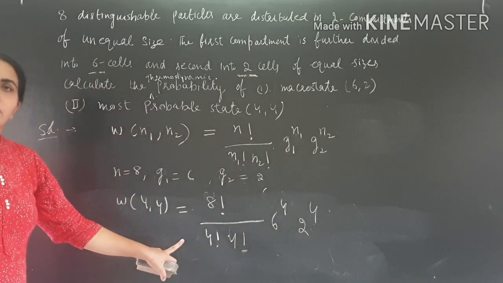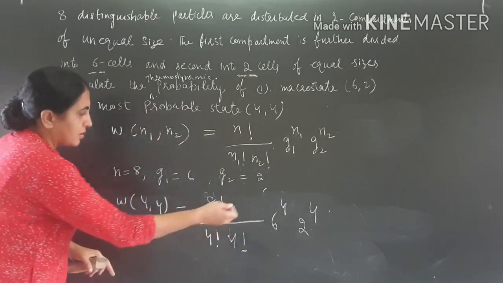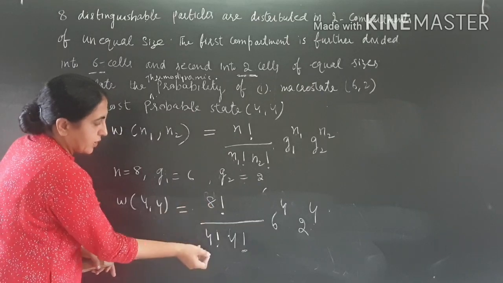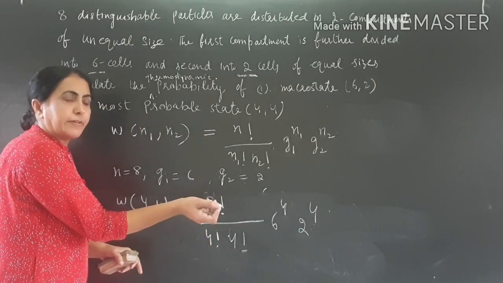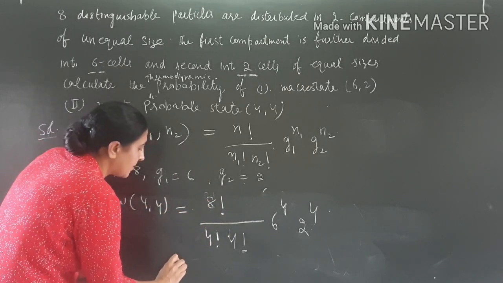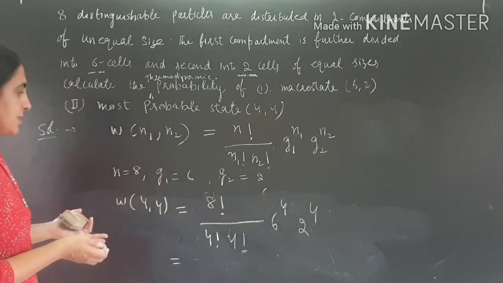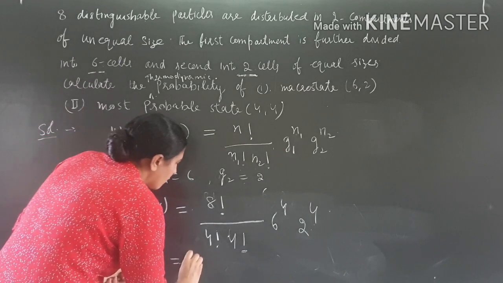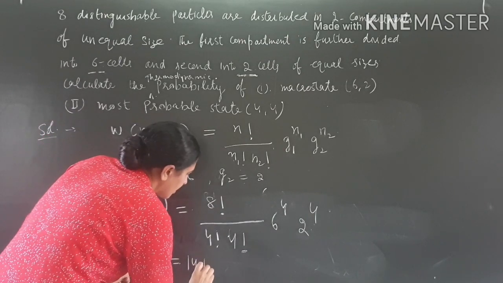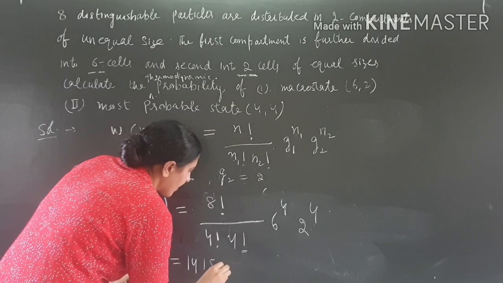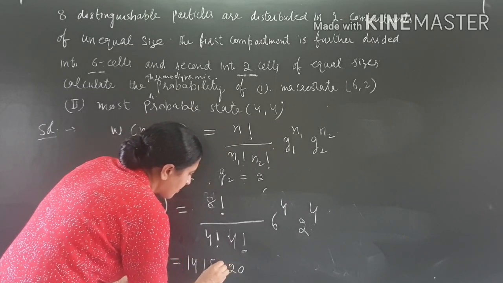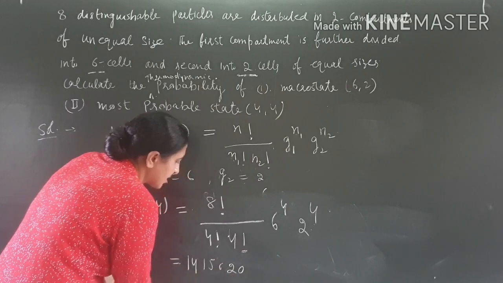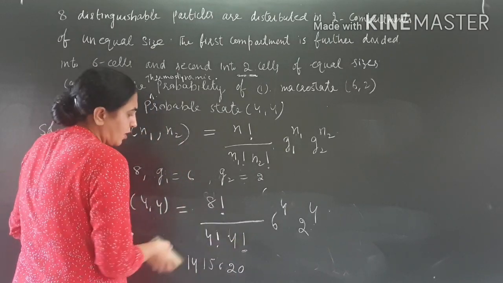So you can solve this: after solving, 8 factorial, you can cancel 4 factorial, 8 into 7 into 6 into 5 into 4 factorial, and you will get the approximate answer. Yeah, you can solve this.